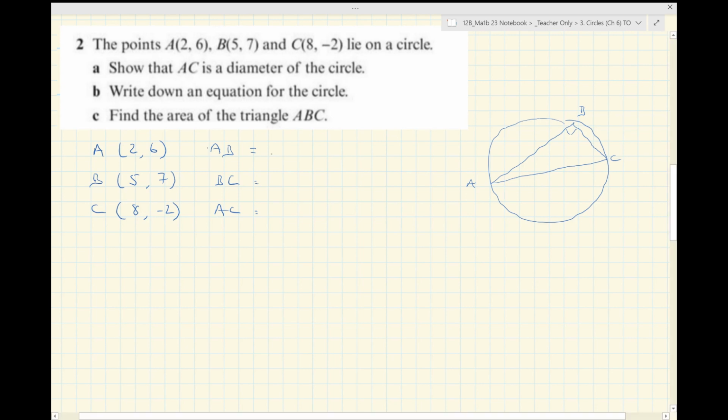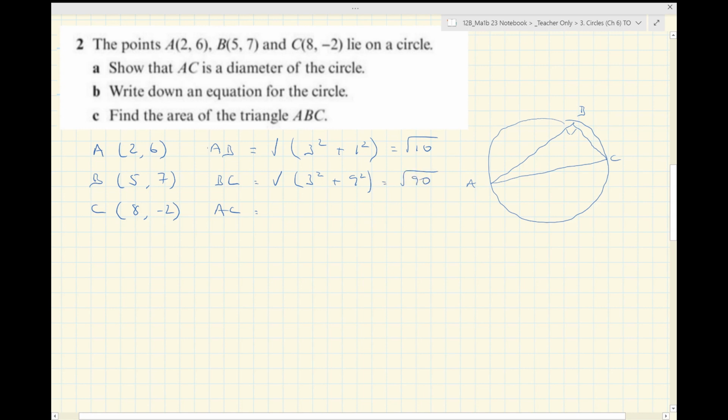To find the distance from A to B, I look at the coordinates of A and B, and find the difference in their x coordinates squared plus the difference in their y coordinates squared. So that's the square root of 10. For BC, looking at the coordinates of B and C, the difference in the x coordinates squared plus the difference in the y coordinates squared gives me the square root of 90.